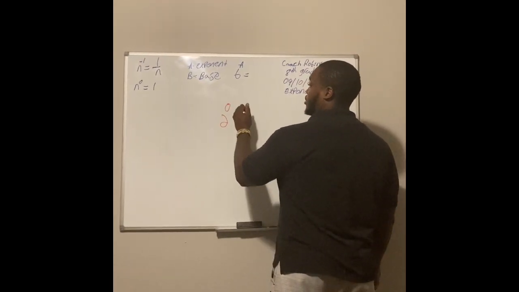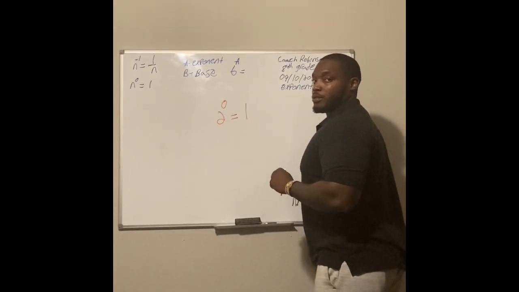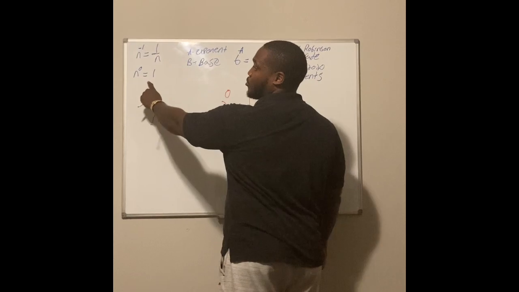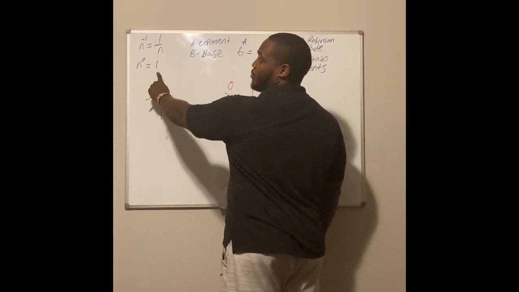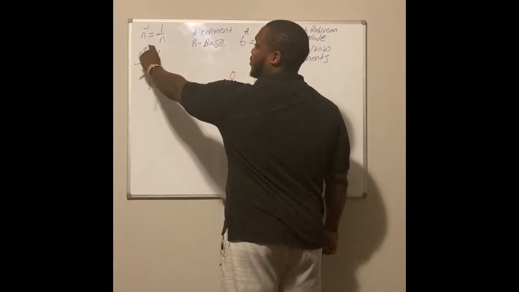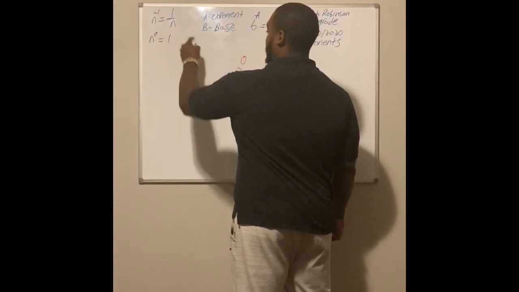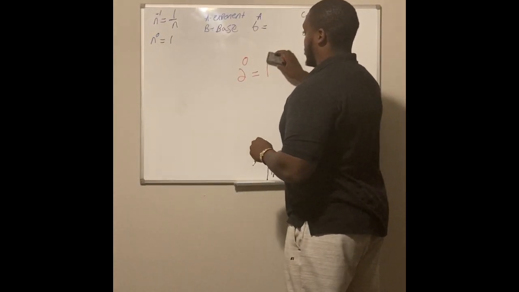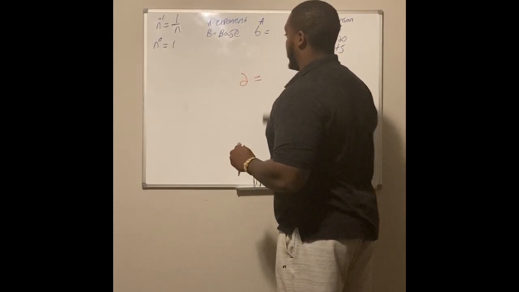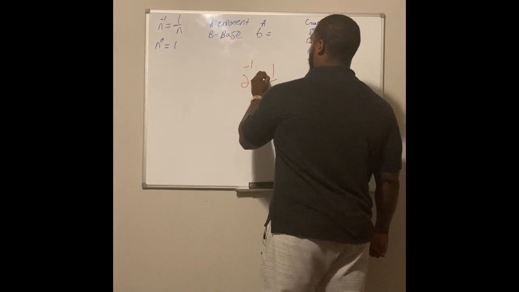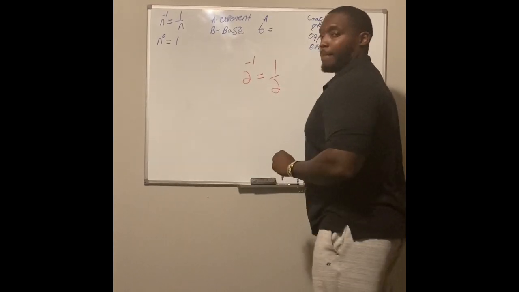That will automatically equal 1. This is an exponent rule. Anything to the 0 power equals 1. And I'm going to show you this. Any base to the -1 power is a fraction, okay? I'll put 2 to the -1 power, and that would actually be 1/2, okay?